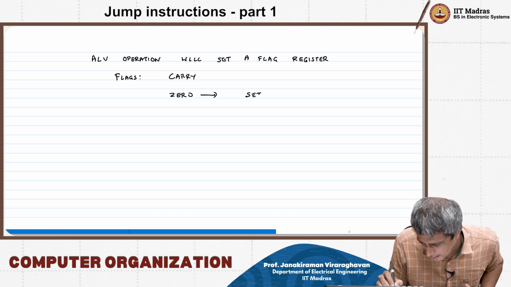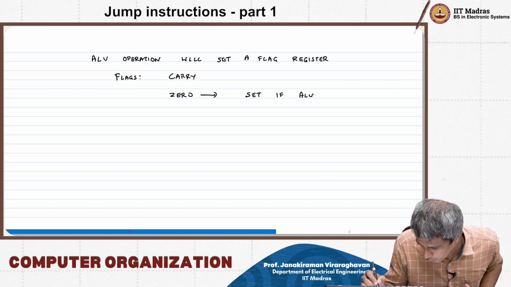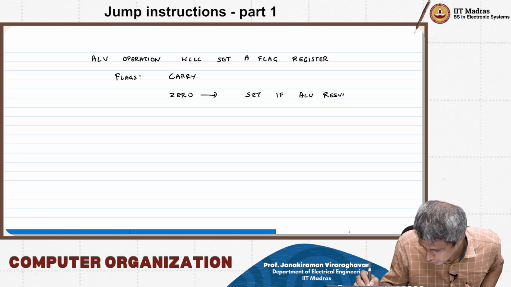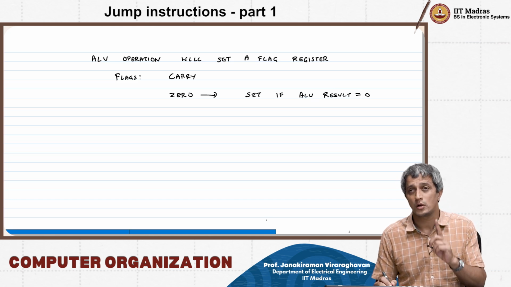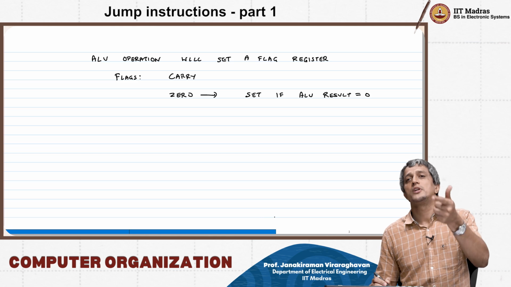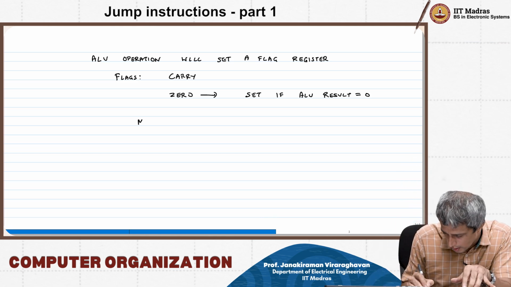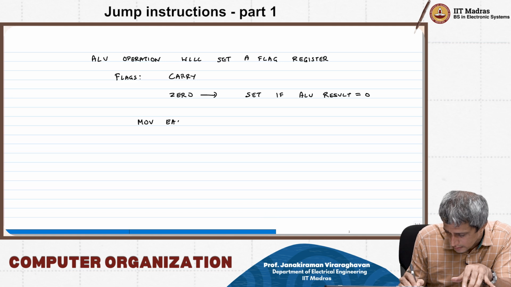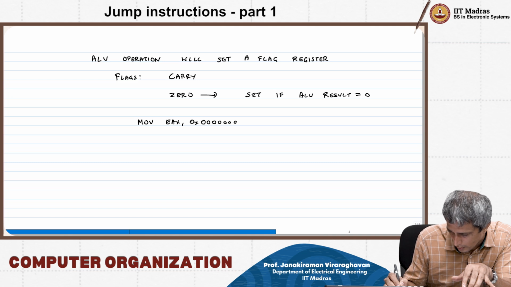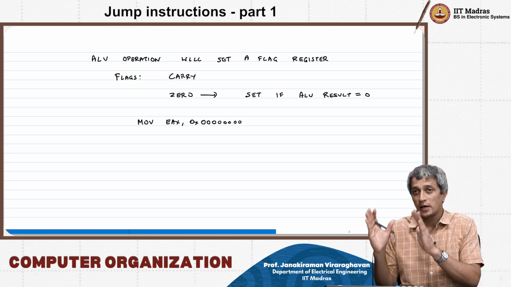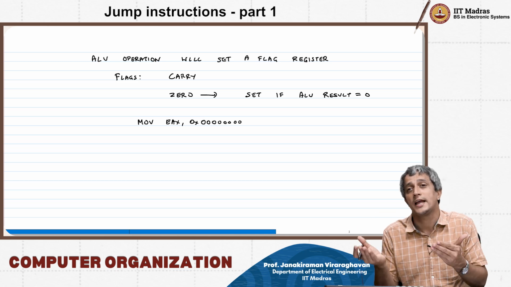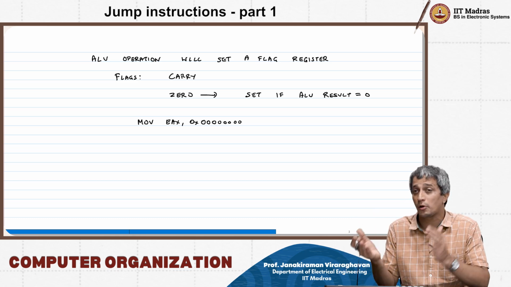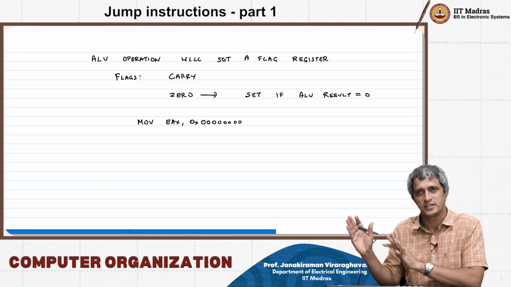Okay, set if ALU result equal to 0. Okay, now very important to note that if I move some data, right? So for example, if I do move EAX, 0x0000 whatever, right? If I do this, the result in EAX is going to be 0, but this will not go and set any flag in the flag register because this is not an ALU operation, it's just a move operation.